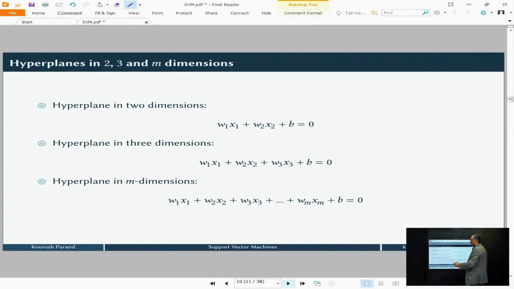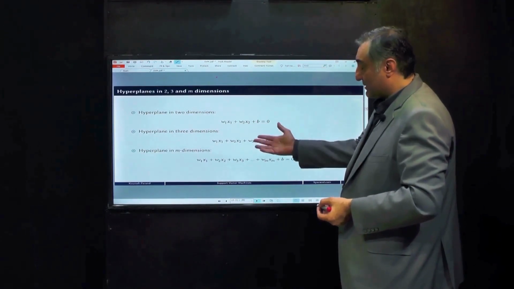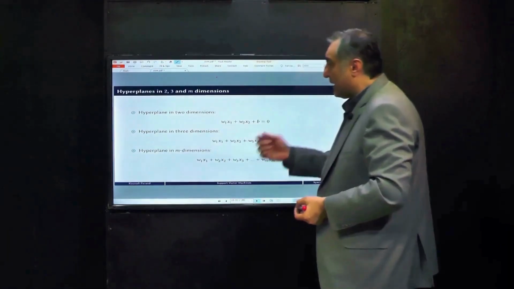Now, if we extend this to 3 dimensions, for example, let's assume we have 3 features: w1x1 plus w2x2 plus w3x3 plus b equals 0. So here we had a line, and here we have a hyperplane.